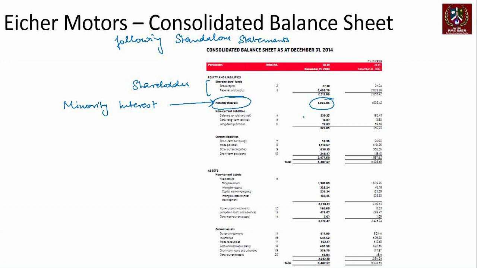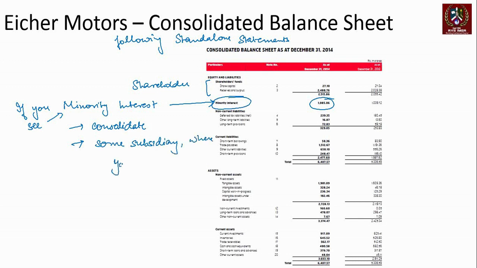If you see minority interest, that means two things. One, these are consolidated statements. Two, there is some subsidiary in your business where you own less than 100%.